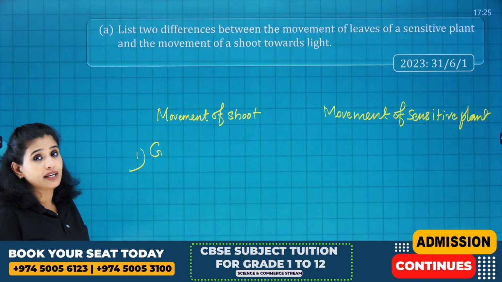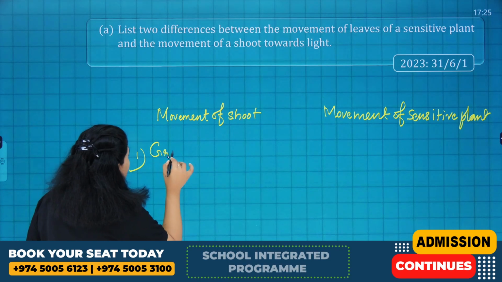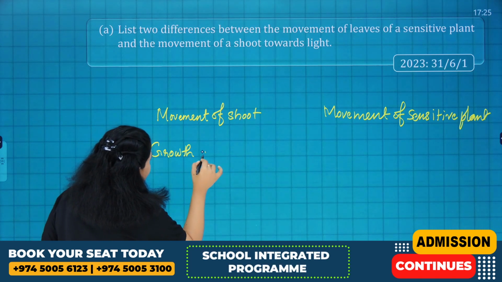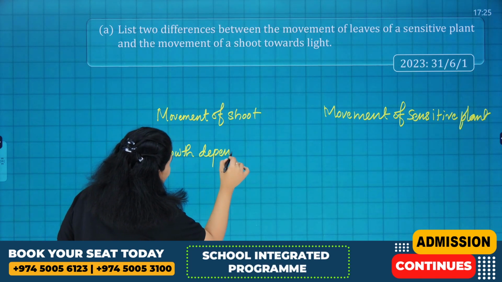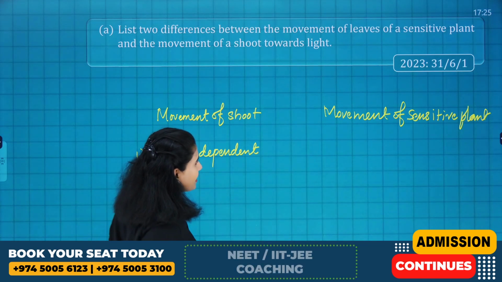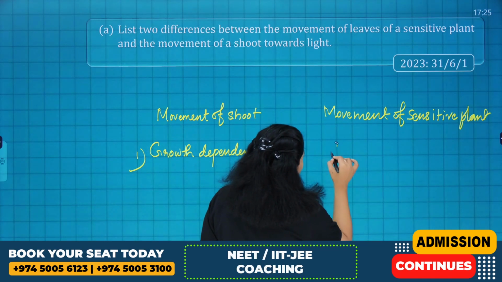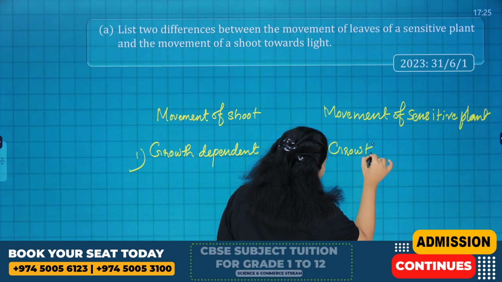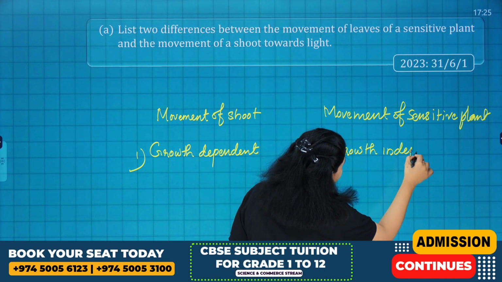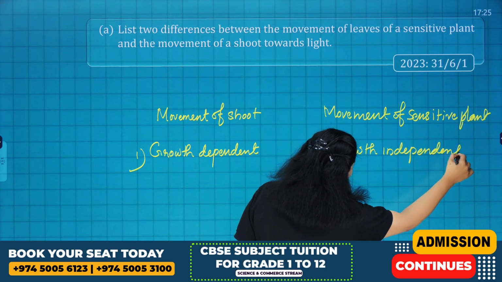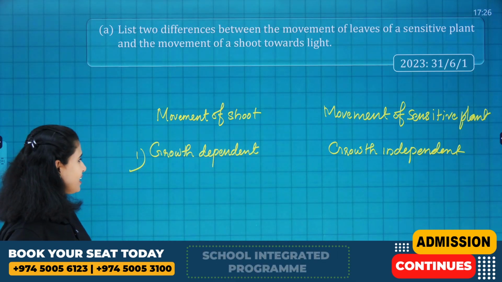The first one, in movement of shoot, is growth dependent. Okay, it is growth dependent movement. And what about movement of sensitive plant? It is growth independent movement.